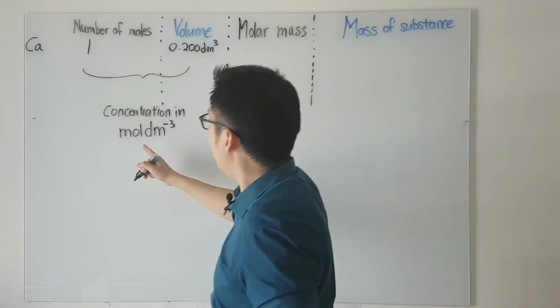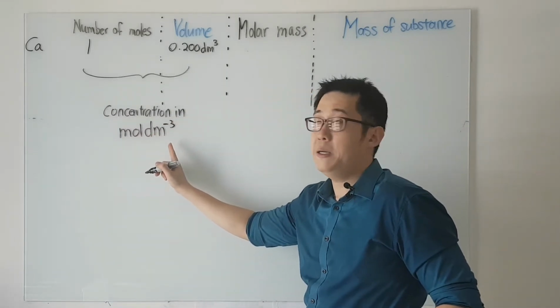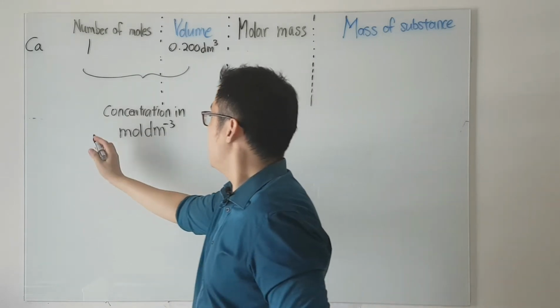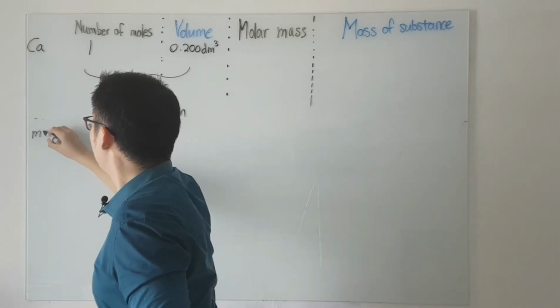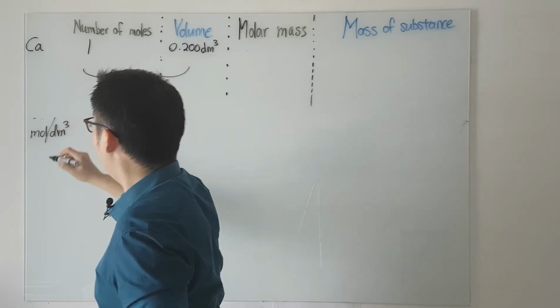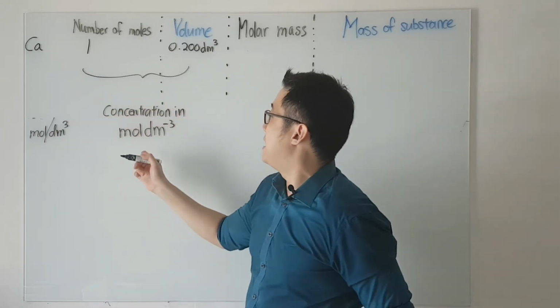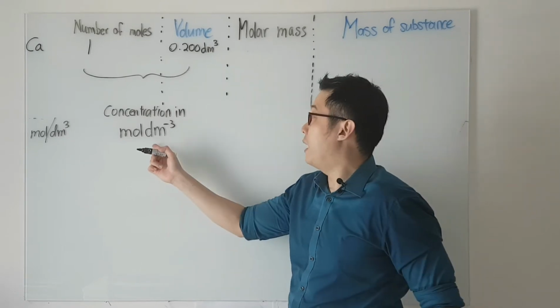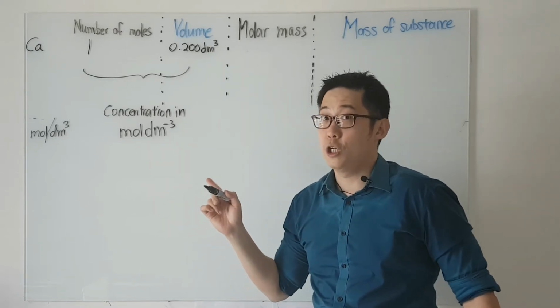Now students, in case you are wondering how I write this, this really just means the same thing as this. This is just another way of writing it. If you ever see this, please do not be shocked.